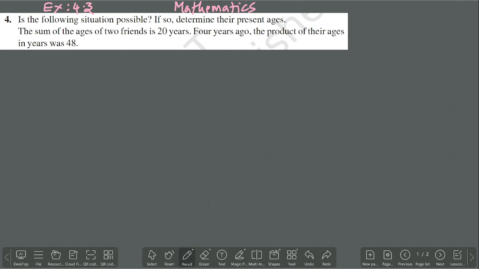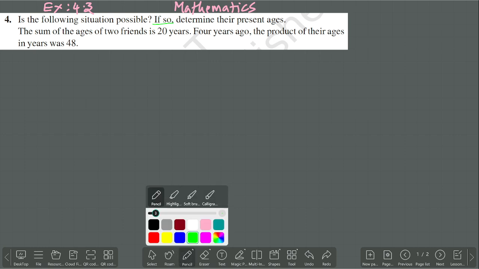Listen, is the situation possible? We'll check now. If it is possible, determine their present ages. So we have to find the present ages, so we assume them as x and y. Sum of ages of two friends is 20 years.